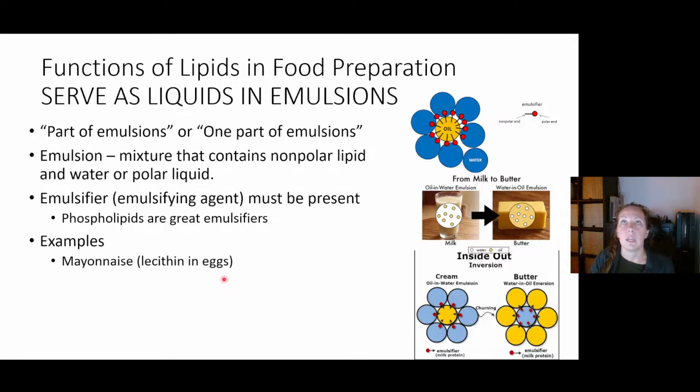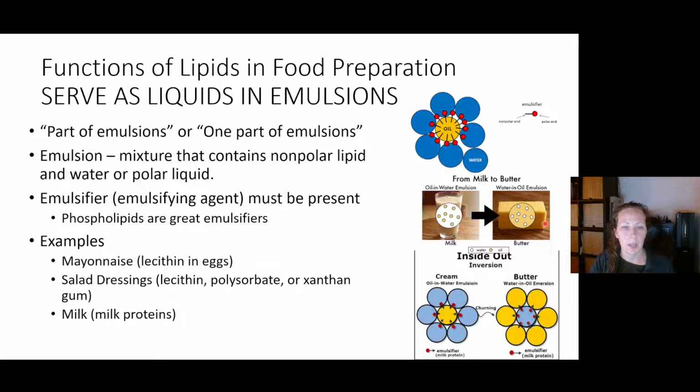Now, in commercial mayonnaise, you typically don't find eggs in mayonnaise anymore. They get lecithin from another source, such as sunflower. Okay, salad dressings, they can have various different emulsifiers. Lecithin is one, polysorbate, xanthan gum all act as emulsifiers in salad dressings.